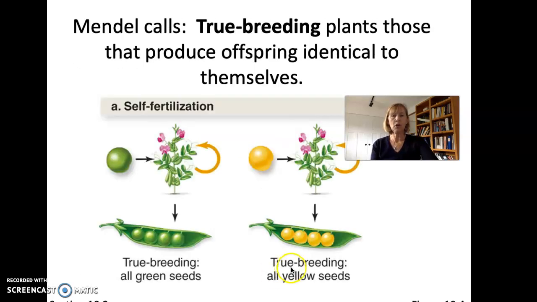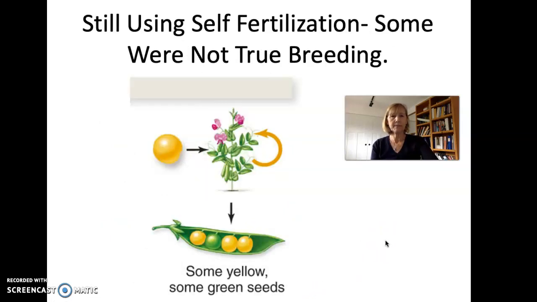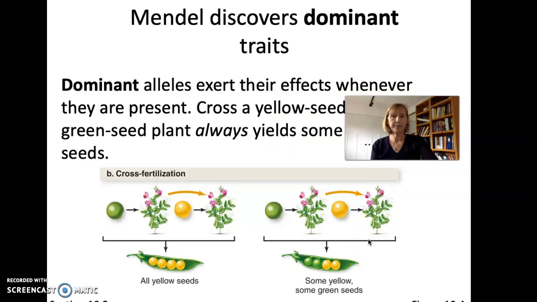So he didn't know what to call it, and he called them true breeding plants, those that produced something exactly like the parent. So if it was green and it ended up being green, it was true breeding. If it was yellow and ended up being yellow, it was a true breeding plant. That seemed right. Some were not true breeding when he pollinated a yellow with a yellow and he ended up getting some green. And this was what really was a mystery to him.